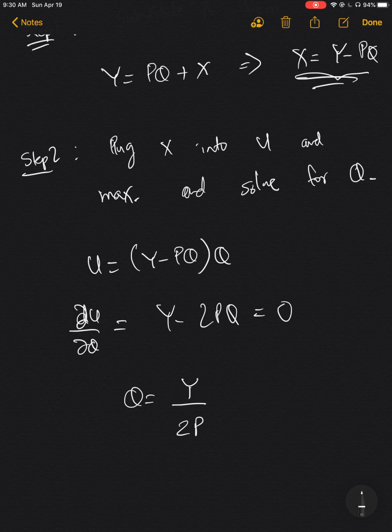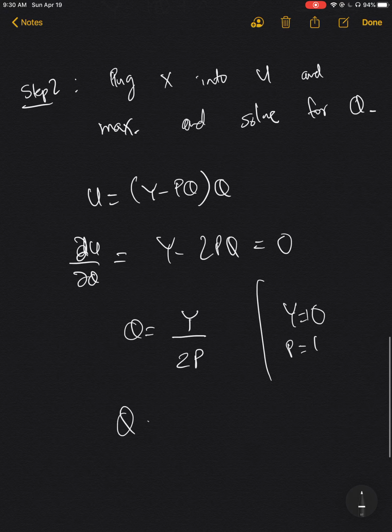In the question, you're told that Y is 10 and P is 1. So the Q that maximizes consumer utility is just 10 divided by 2, which is 5.